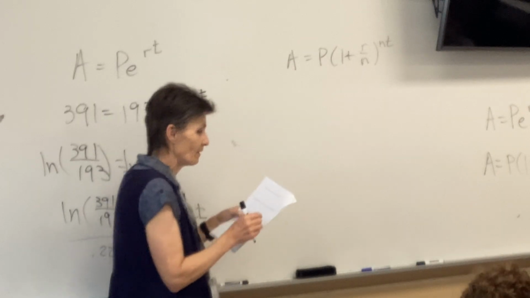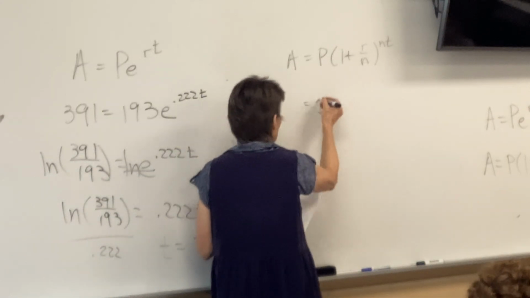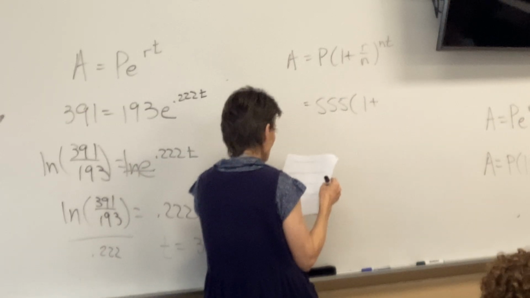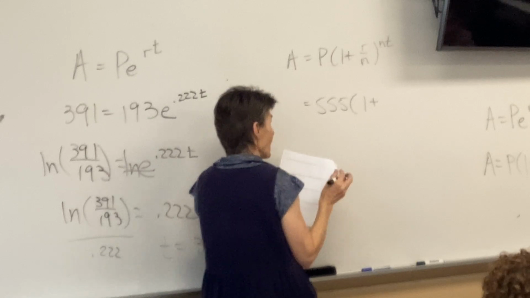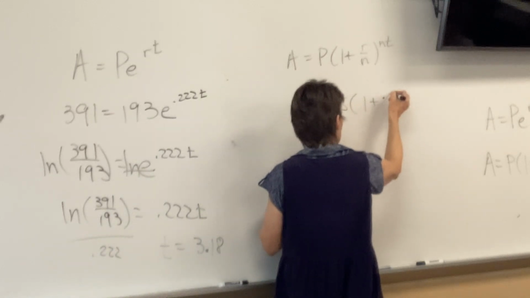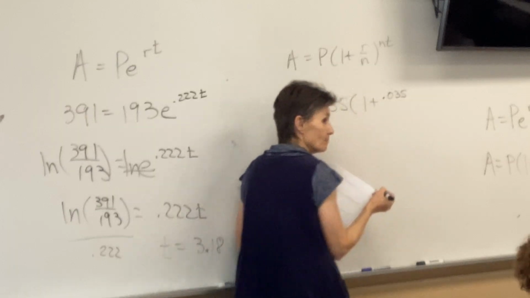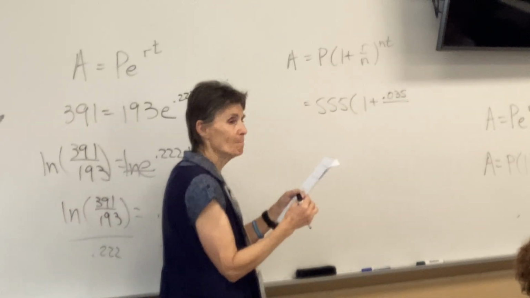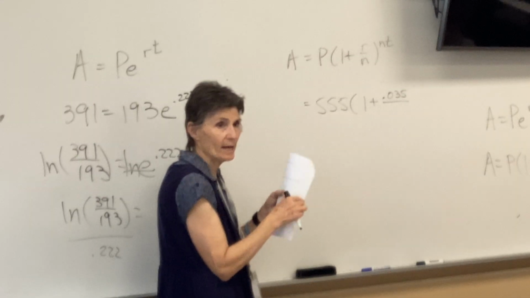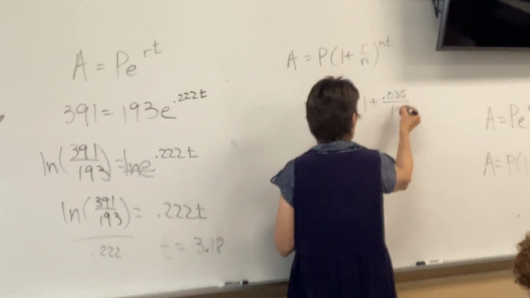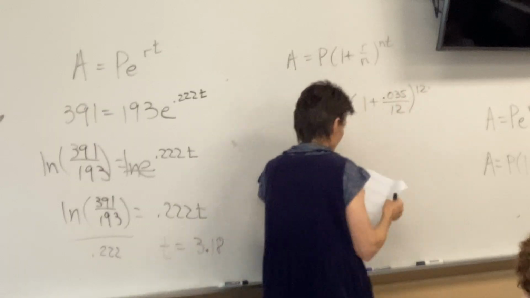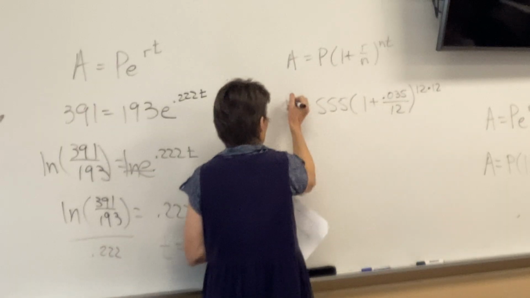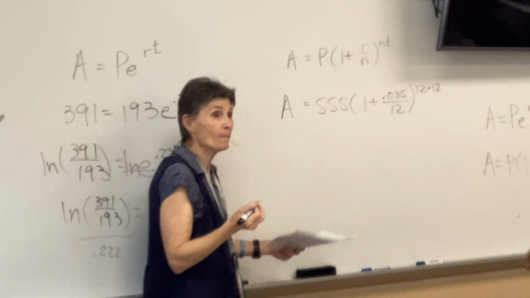So 555 is my P. The interest rate is 3.5, so that's going to be 0.035. I am compounding monthly, so N is 12, and I am waiting for 12 years. And A is what I'm trying to figure out.